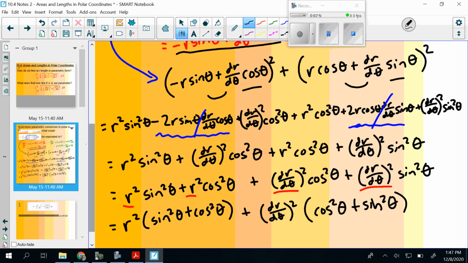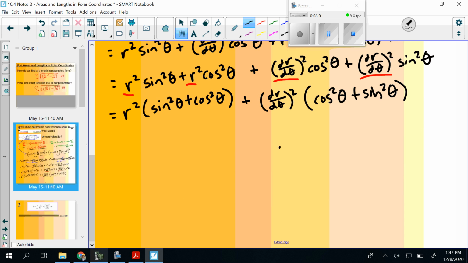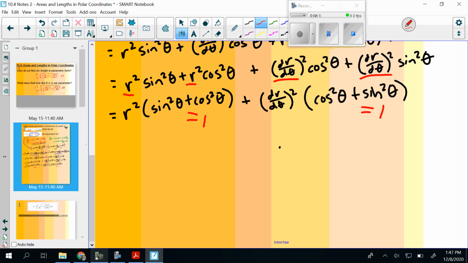What is sine squared plus cosine squared? That's that Pythagorean identity that we know is always equal to 1. So what we end up with, if this equals 1 and this equals 1, is that this is equal to r squared plus dr d theta squared.